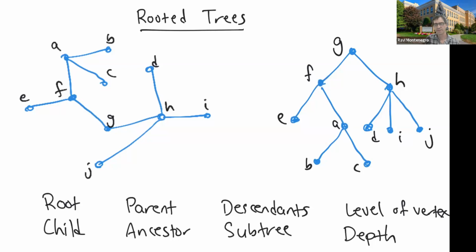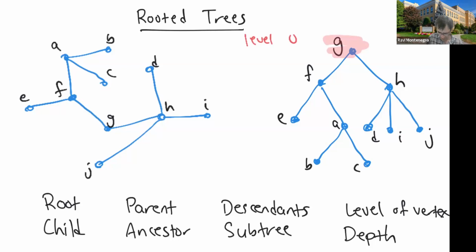Finally, let's talk about some language describing where something appears on this tree. So if we think of Great-Grandpa G as being the original member of the family, then I might want to call that part level 0, like the starting point. And then G has two kids.